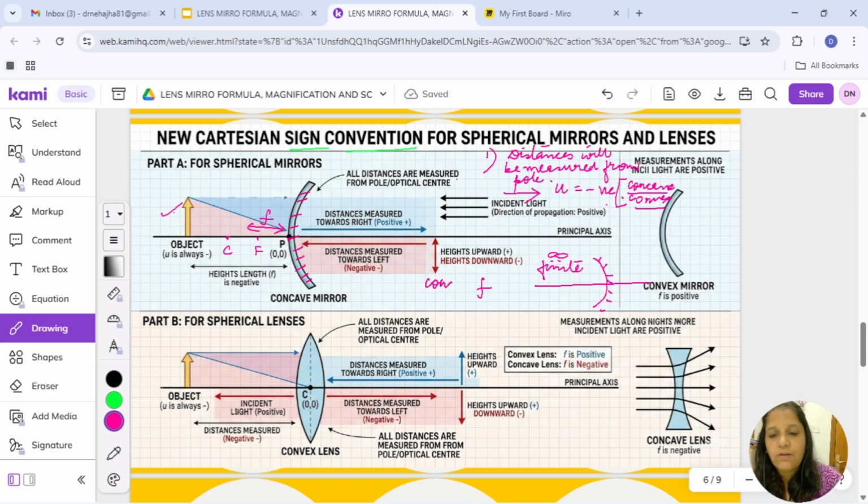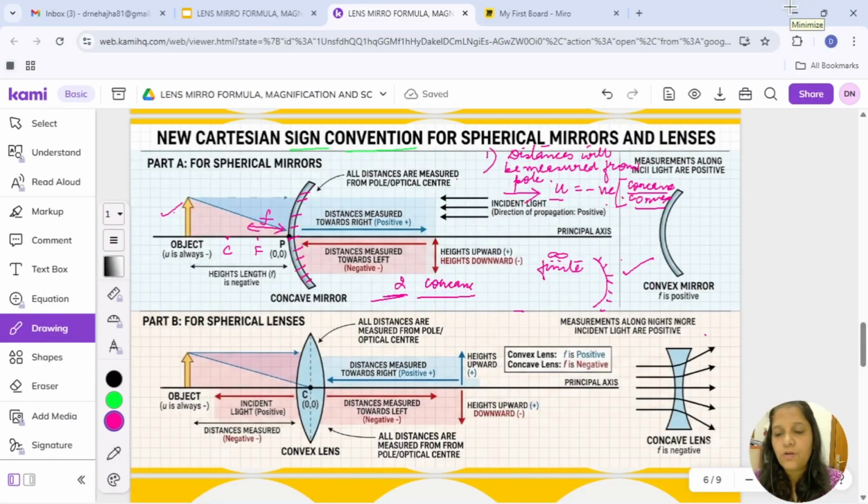So for the concave mirrors, the focal length will be taken as negative, whereas in the case of convex mirror, the image is always going to form on the same side, on the positive side of the x-axis. So f will be taken as positive.